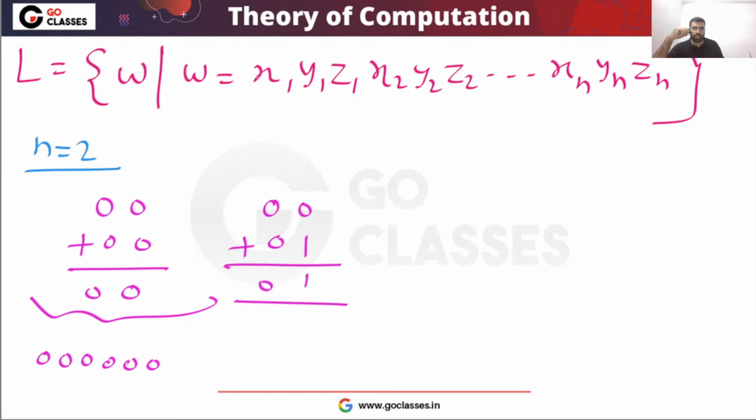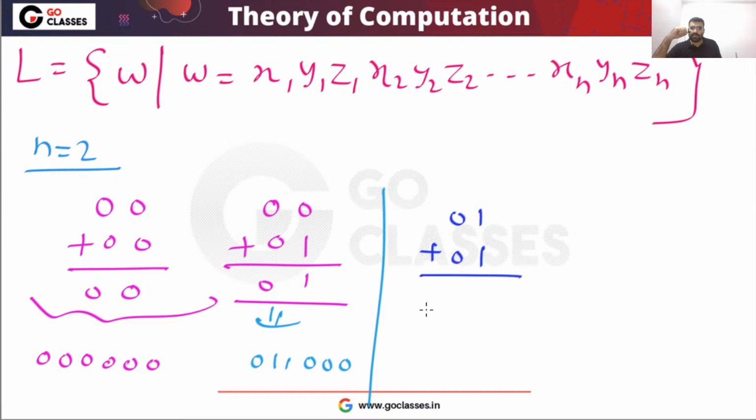Because of this, I will get 0 1 1 0 0 0. Similarly, if I have 0 1 plus 0 1, then what string will I get? I will get this string. So finally, I will get 1 1 0 0 0 1. So like this I'm doing. Okay, yes or no?